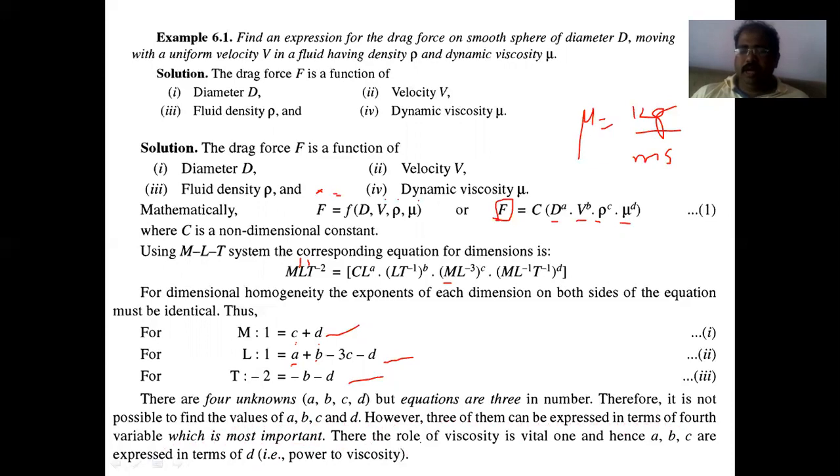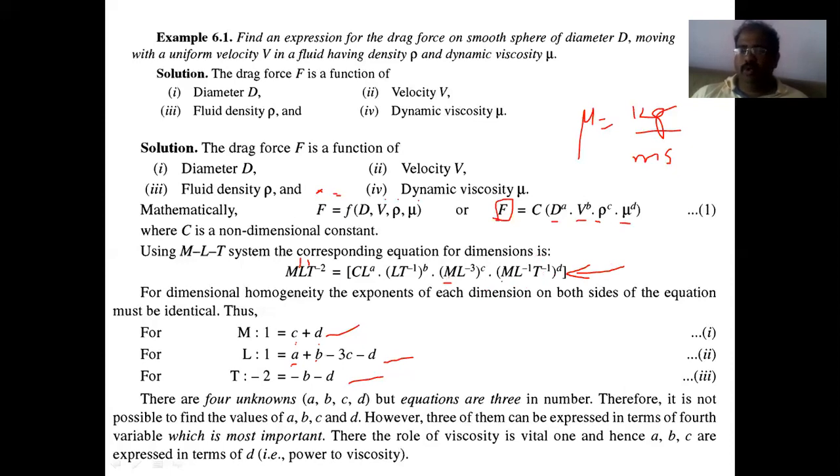The role of viscosity is a vital one, and hence a, b, c are expressed in terms of d, the power of viscosity. When you find out the basic equations, you have to judge which unit is depending on the others.